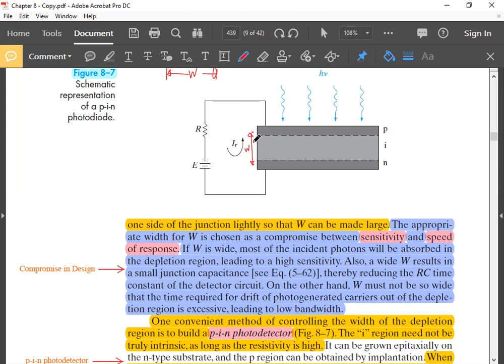There will be a large electric field across this W, this depletion layer. Since W is large and W is controllable, the sensitivity and the speed of response are also controllable. These are the things I just mentioned.